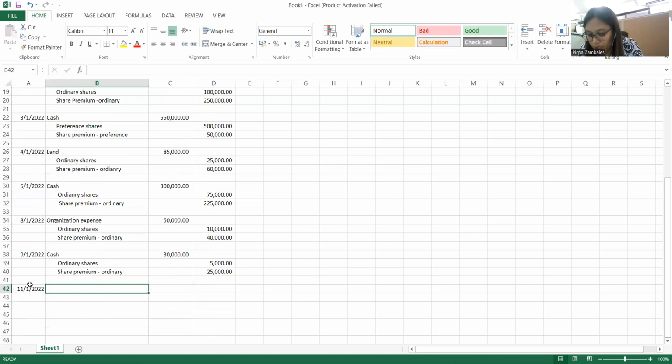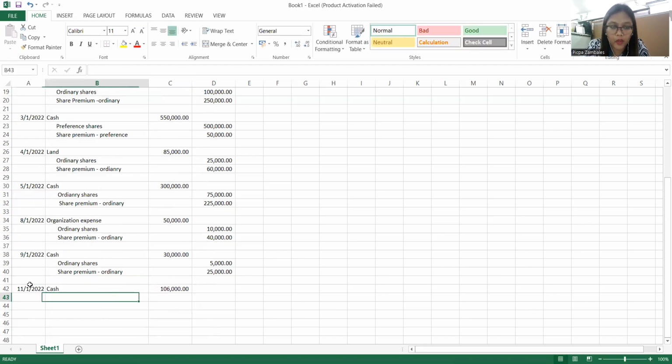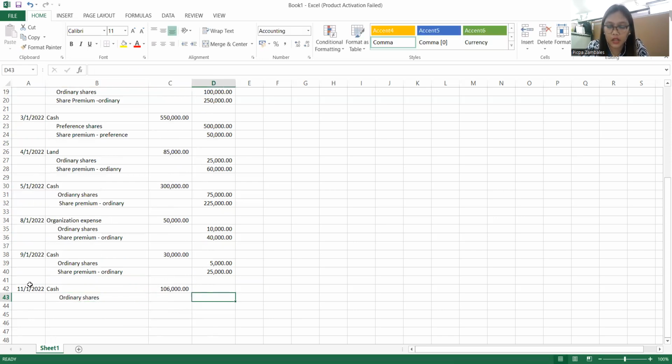Issued 2,000 preference share for cash. So again, for cash. Cash, it's 2,000 times 53. Then preference shares, 2,000 times 50.